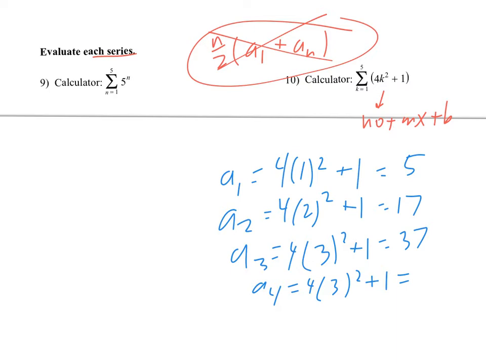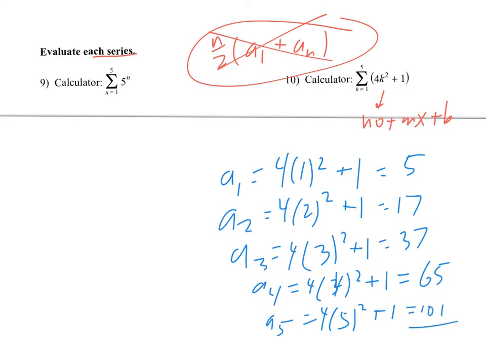And this is a calculator question, so I'm going to switch over to my calculator here. Oh, but this should be a 4. And so that'll be 64 plus 1 is 65. And then a sub 5, 4 times 5 squared plus 1, so that's 101.